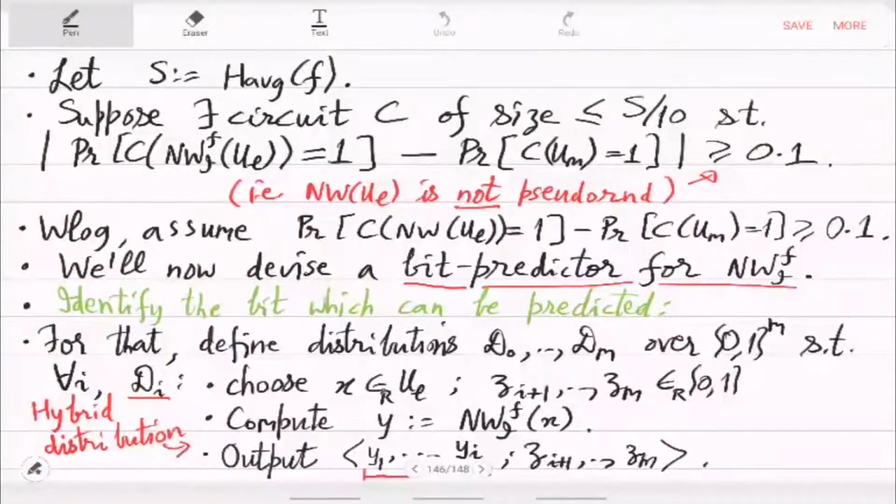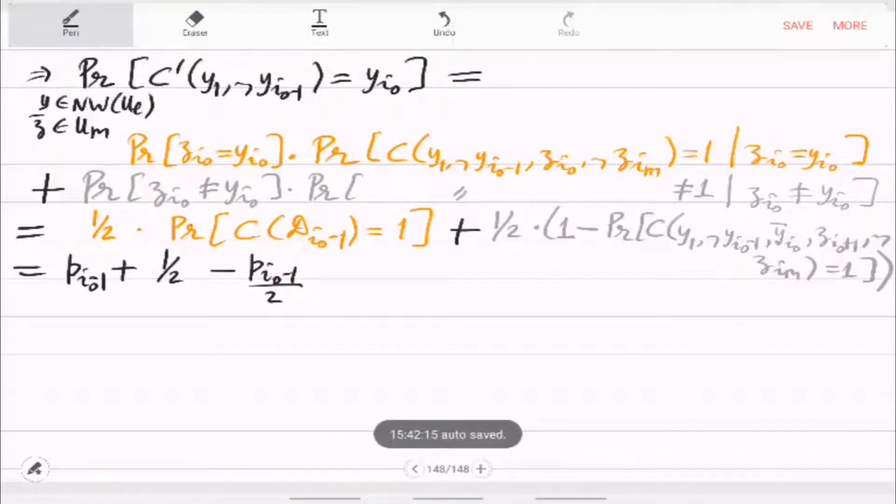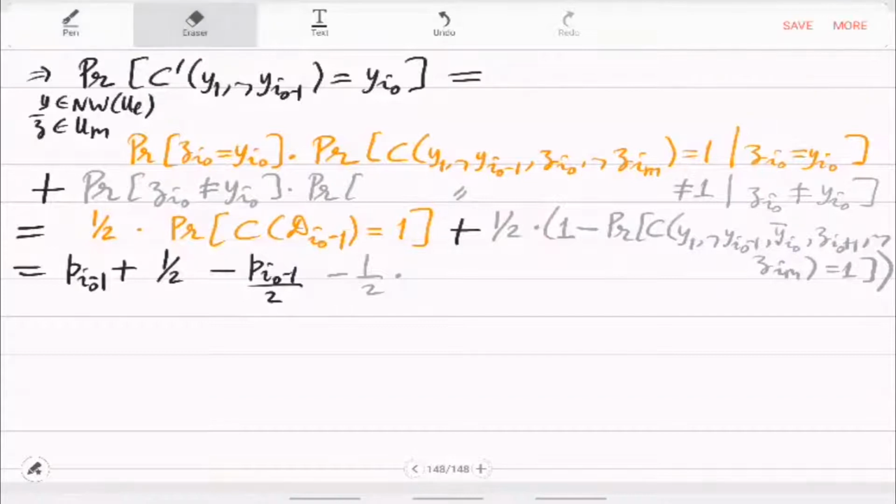So in Di we take Zi plus 1, yeah, this should be minus 1, and this is pi0 minus 1, plus I'll put the half, then I'll subtract half, and what else do I have? I have minus half times this probability expression. What is this probability expression? Let me in fact club these two together.